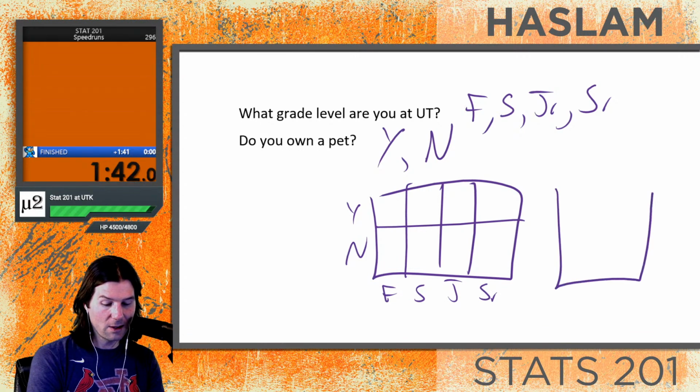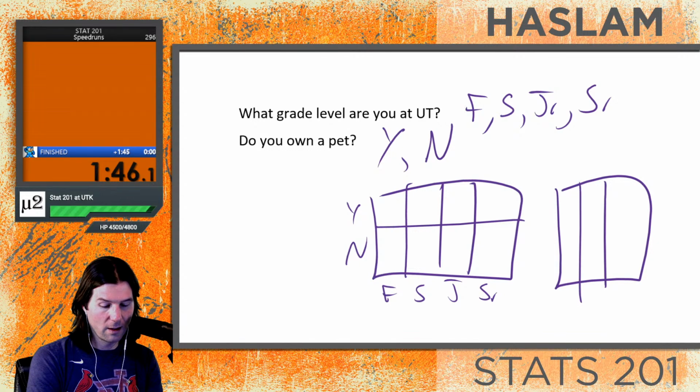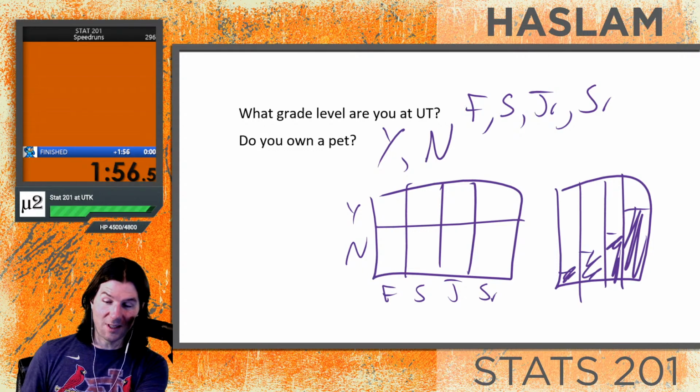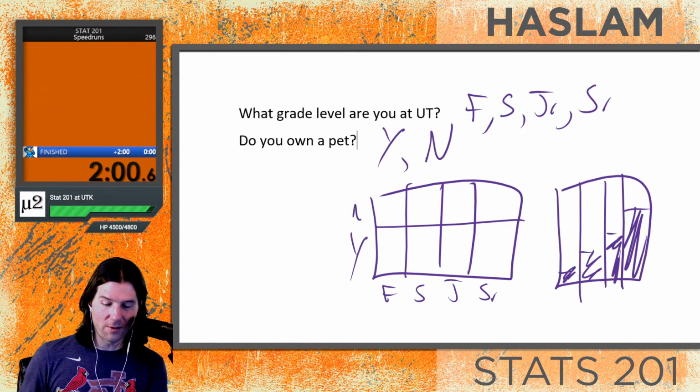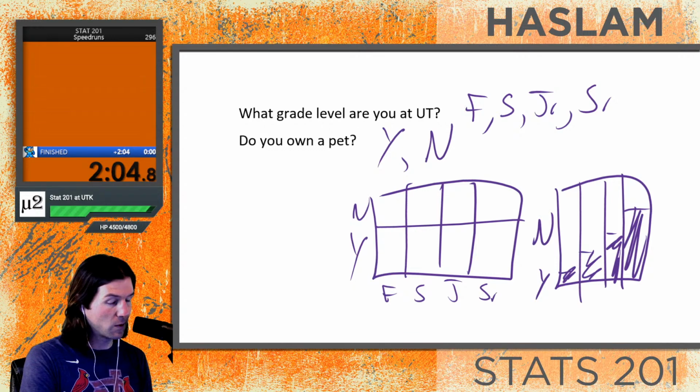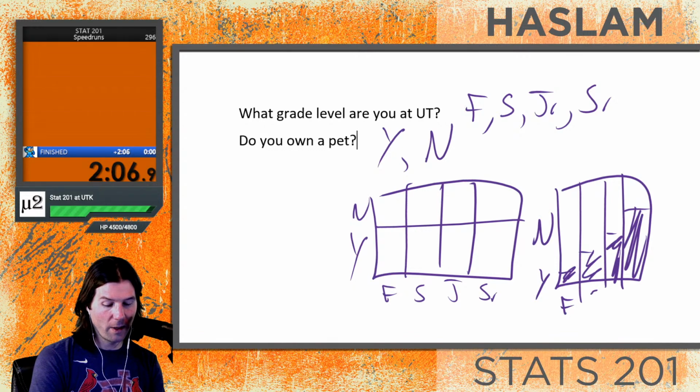And then we get a mosaic plot over here. And then you'd have people owning a pet. Maybe it's more likely as you go towards the senior level. And that's what we're looking for right here. We're looking, and we'll talk about this in a moment, to see if the two groups have an association. And that's what the chi-squared test of independence looks for. So right here, we're comparing two variables.